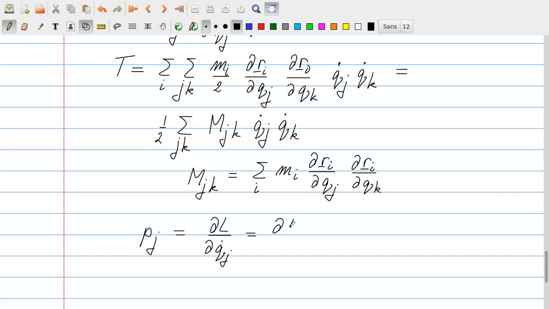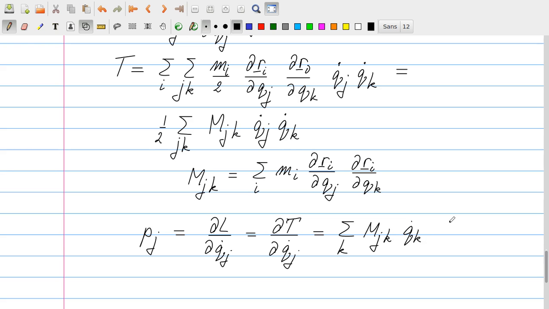So we have a dT dq dot j, and it gives me a sum over k M_jk, and then a q dot k.